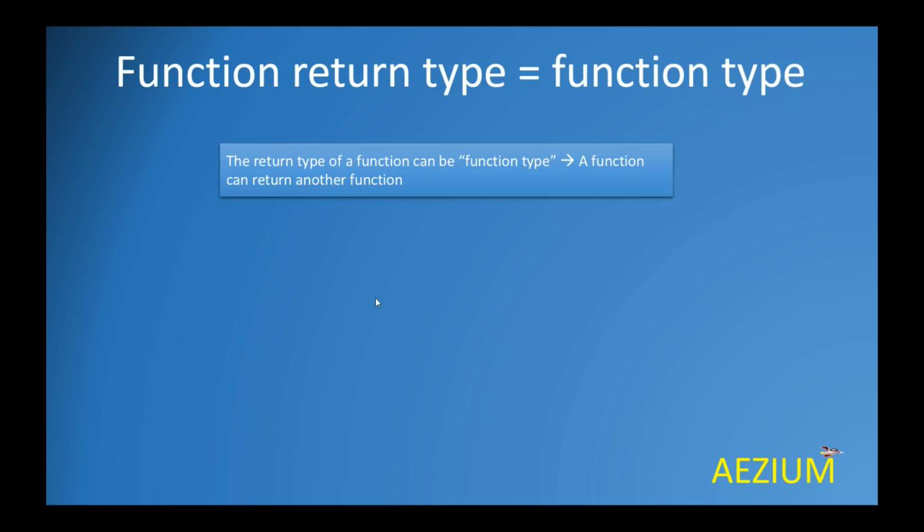We just discussed a scenario where an input parameter of a function could be another function. Here we discuss a different scenario where the output parameter or the return value of a function can be another function.